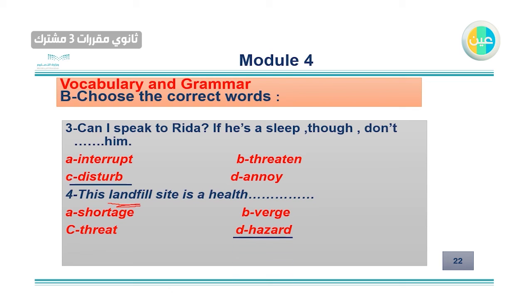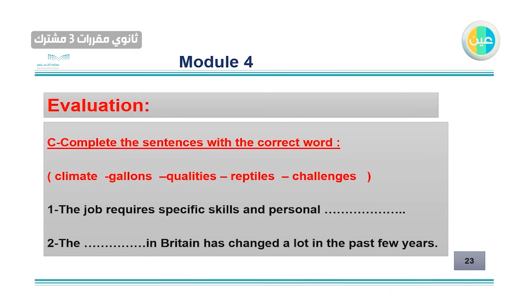Also for vocabulary, complete. The job requires specific skills and personal qualities. The blank in Britain has changed a lot in the past few years. Complete with the correct word. Climate. The climate in Britain has changed a lot. Complete the blanks another way.